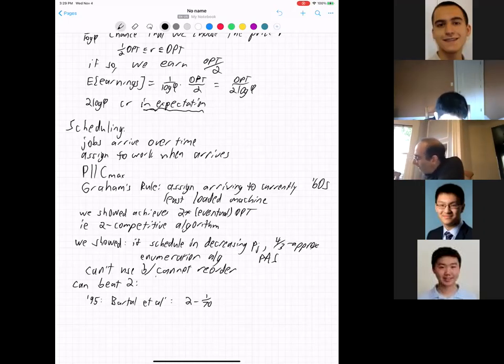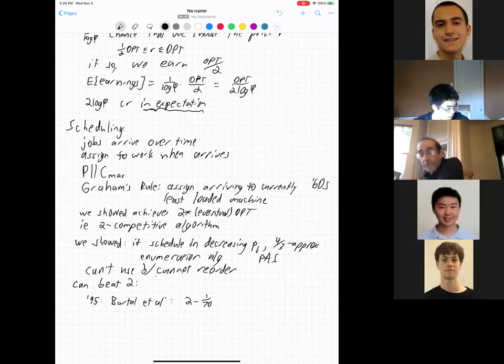How did they do it? Well, they did it by looking at what messes up Graham's rule. So does anybody remember how we made Graham's rule do badly? I guess giving first a bunch of very tiny jobs and then a big job. Exactly.